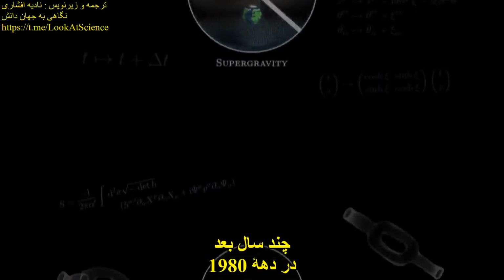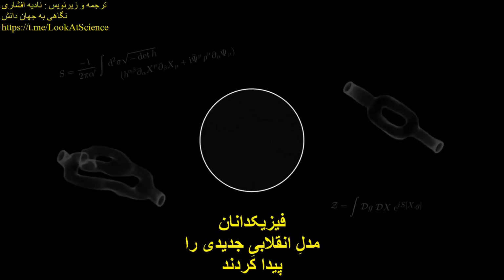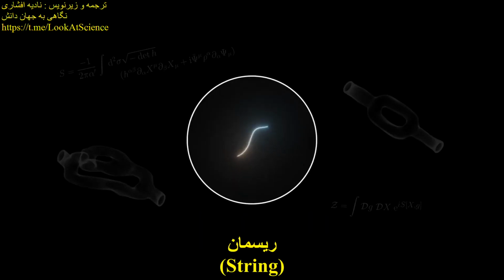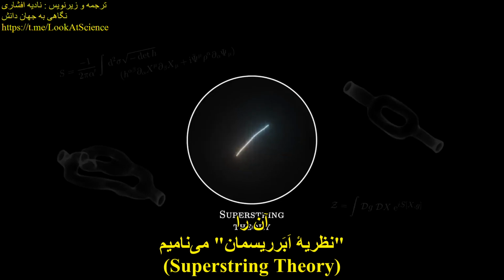A few years later, in the 1980s, physicists discovered a revolutionary new model, which assumes that all particles are made up of a small strand of vibrating energy, a string. As it also exploits the concept of supersymmetry, we call it superstring theory.